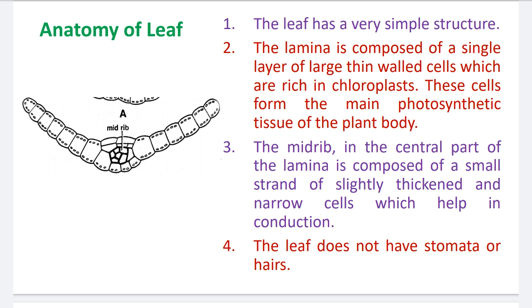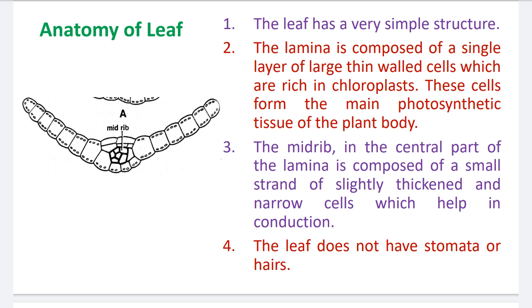Then number 3. The midrib in the central part of the lamina is composed of a small strand of slightly thickened and narrow cells which help in conduction. At the center the midrib is there, and in the midrib the cells are smaller compared to the leaf lamina.